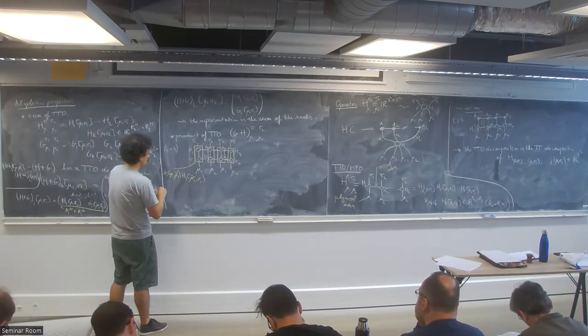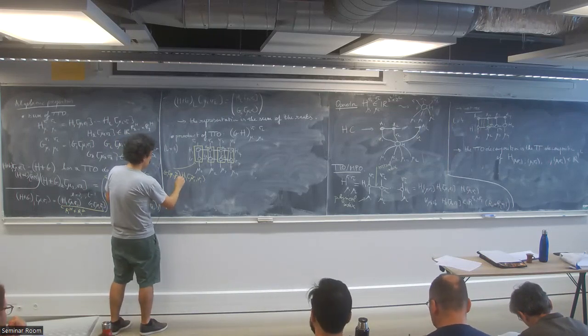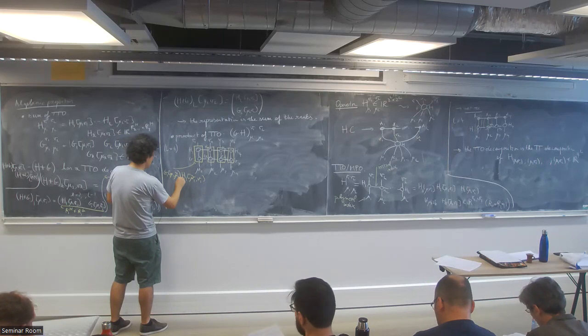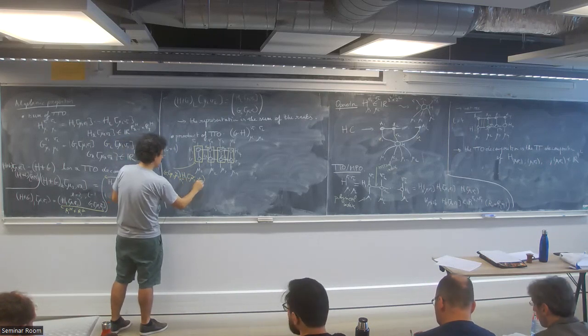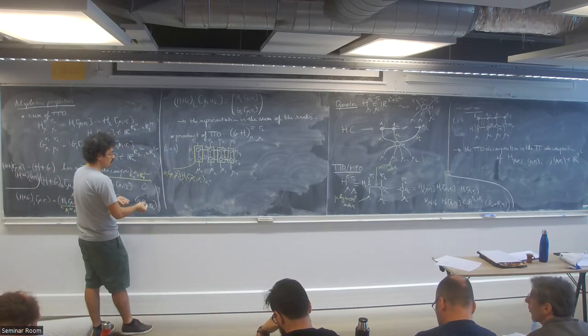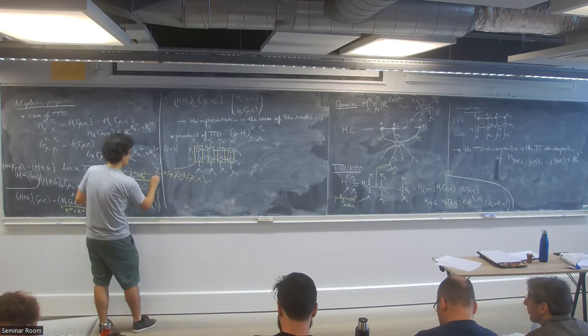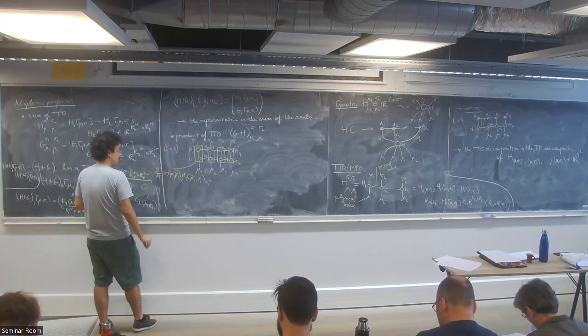Let's call it alpha 1G, and you have an alpha 1H if you want. And so if you write it and you sum over mu1 tilde, okay.